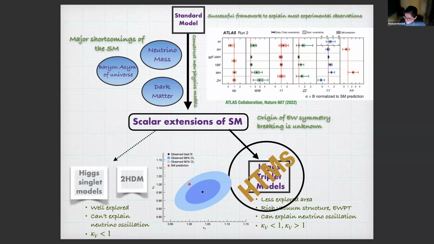Since from the experiment we see that the best fit value for kappa_V is greater than 1, in order to get that, you have to go to some higher multiplets, where you have some doublets as scalar to compensate that, if you look into the unitarity. But you skipped, in the very end, the spin 3/2 multiplet.